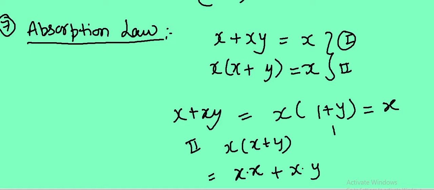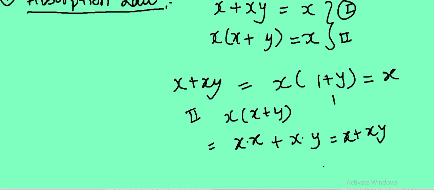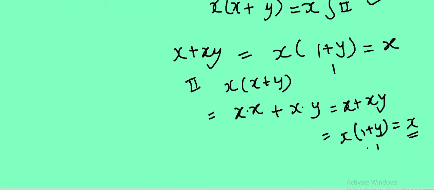So in that case, x is x. So x plus xy will be the same as the first case. So now it will be x common 1 plus y. Again 1 plus y is 1, so x dot 1 will be x. So hence both cases are proved. So you can prove it as well, right?